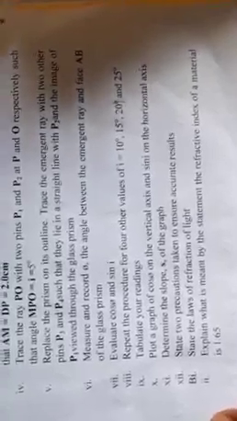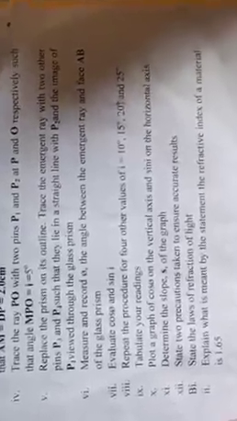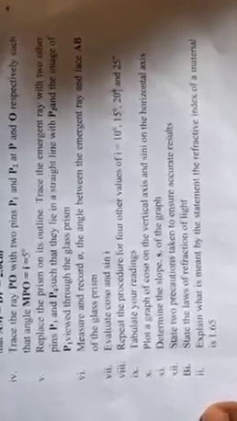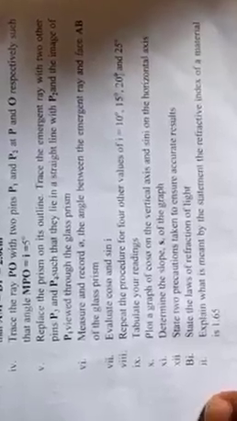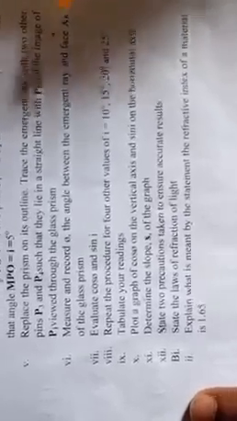The second statement is Snell's law, which states that the ratio of the sine of angle of incidence to the sine of angle of refraction is a constant for a given pair of media. So these 2 statements are the laws of refraction.